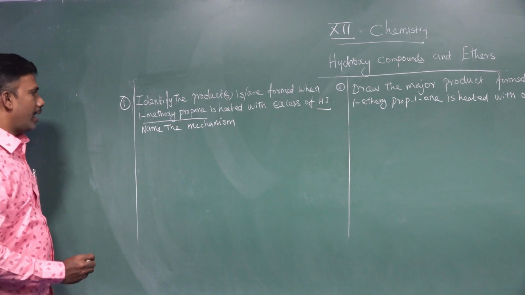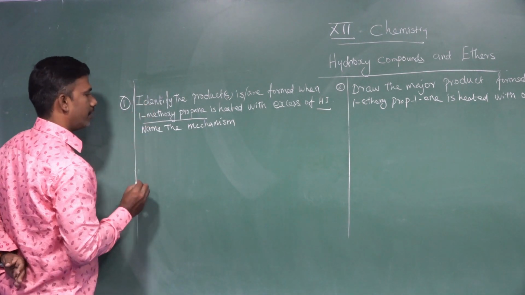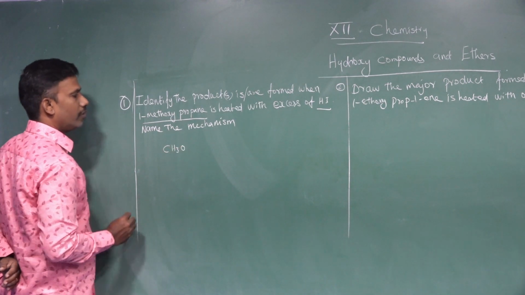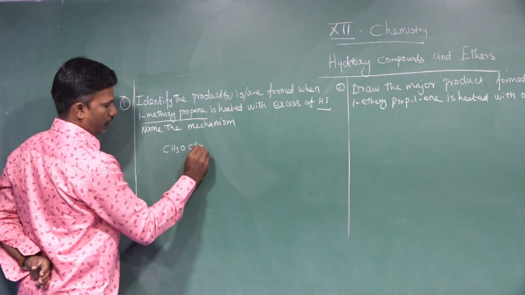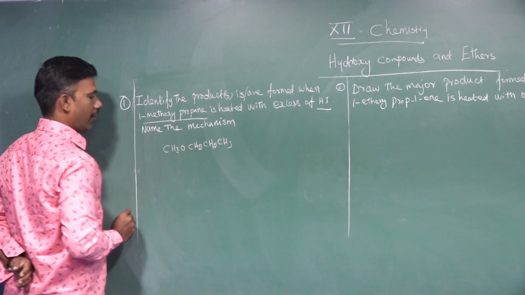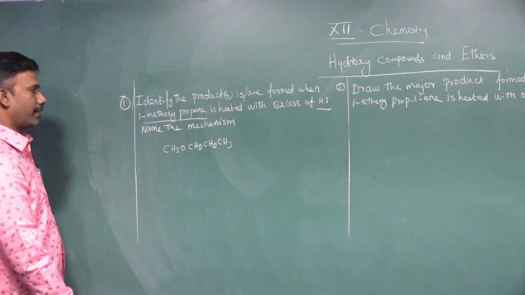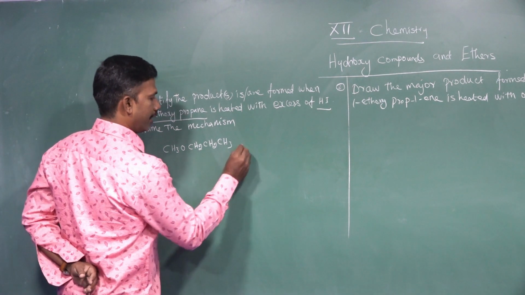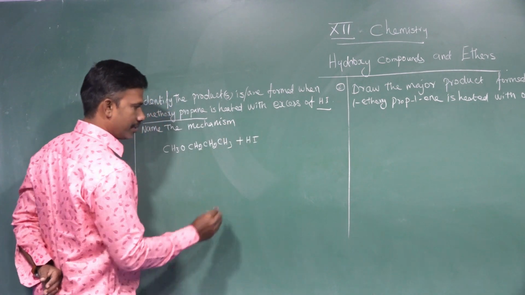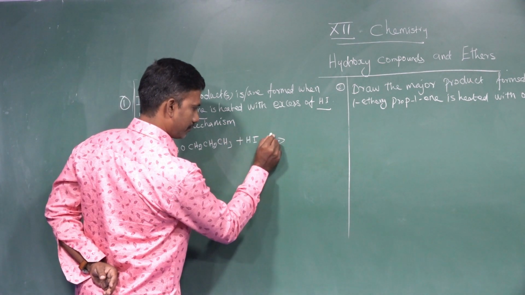First of all, you have to write the formula for 1-methoxypropane. Methoxy is CH3O, propane is CH2CH2CH3. This is 1-methoxypropane. When heated with excess of HI, in excess you need to mention, then heated.